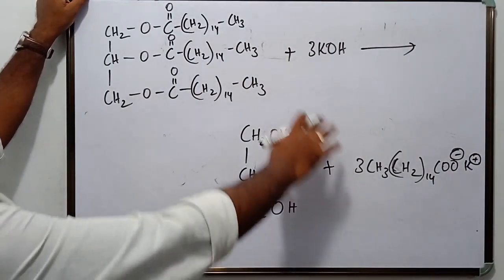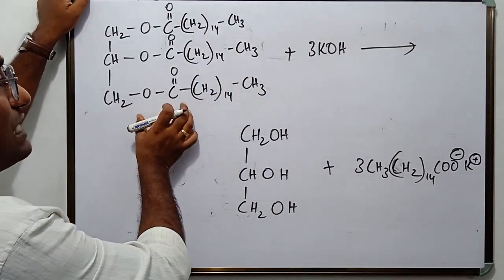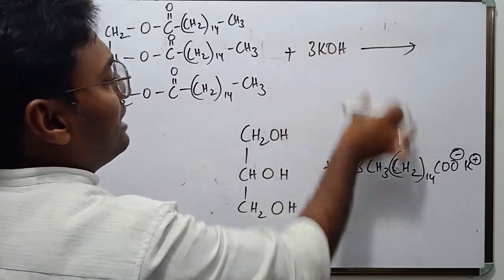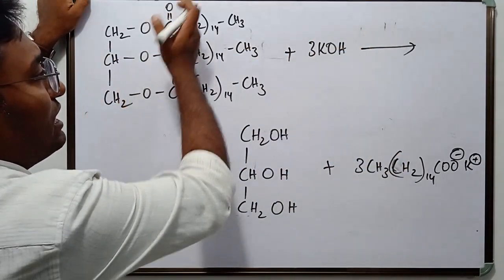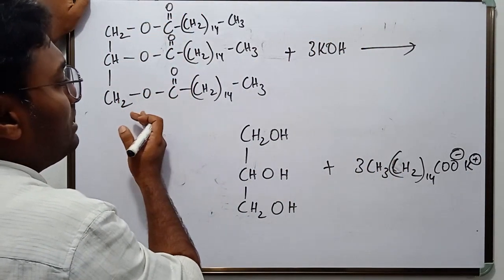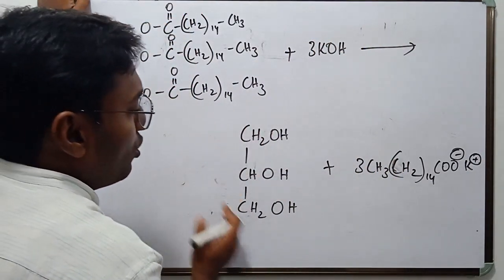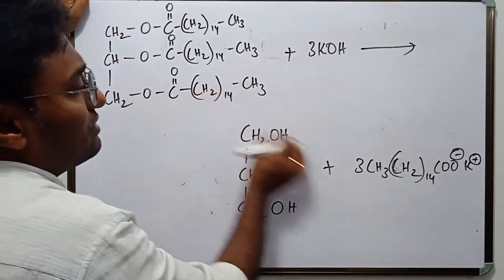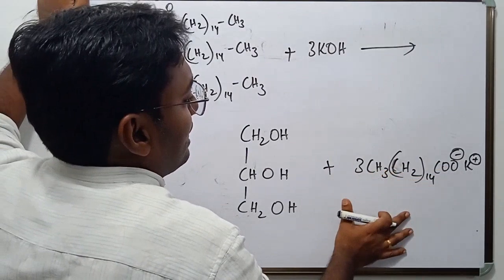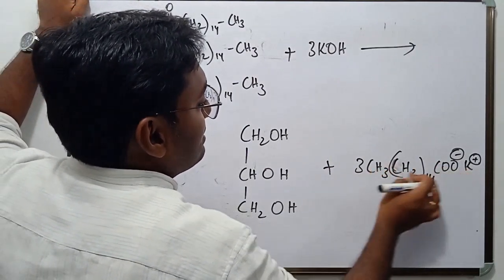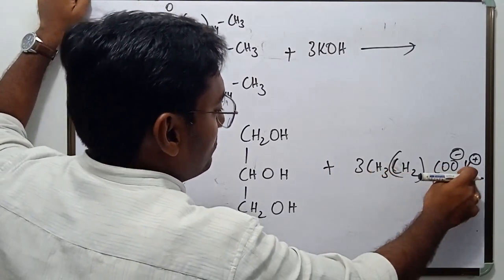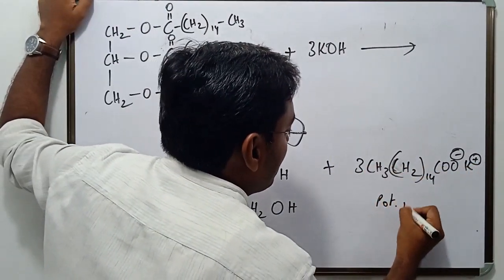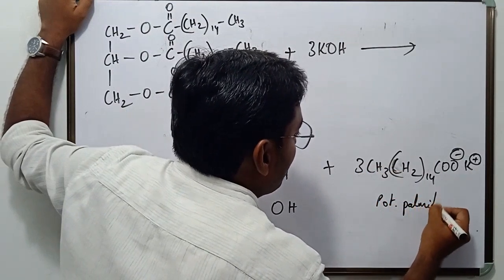So I have taken glyceryl tripalmitate and subjected it to alkaline hydrolysis. This is an ester. Alkaline hydrolysis of it would mean that it would split into its component alcohol, which is a trihydric alcohol, glycerol, and the component acid, which is palmitic acid. So this is a potassium salt of palmitic acid, or potassium palmitate. So the soap that I have got here is potassium palmitate.